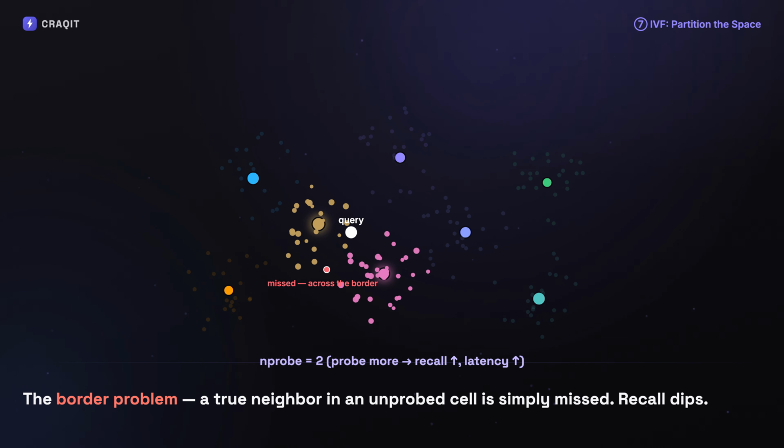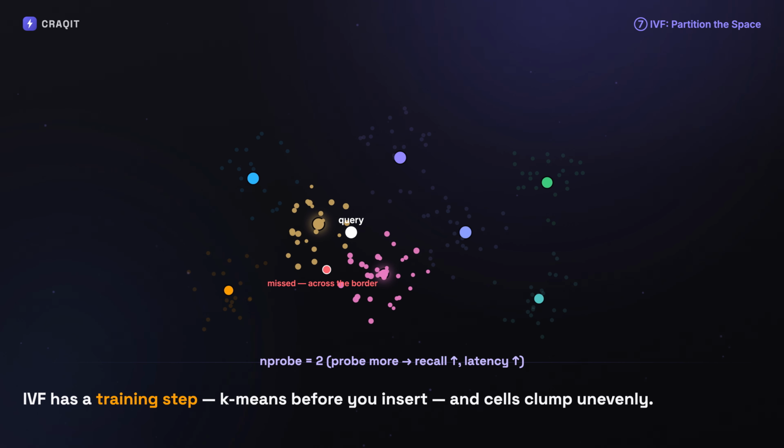What you buy in return is simplicity and memory. You're holding a routing table of centroids plus flat lists, not a dense multi-layer graph. 2 details that show depth. IVF has a training step. You run k-means on a representative sample before you can insert.